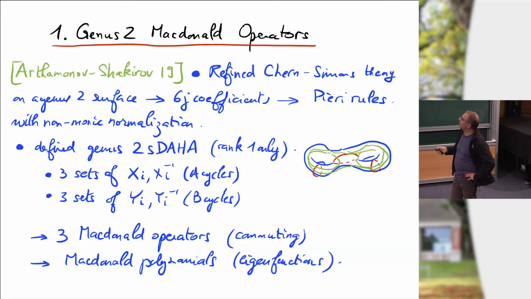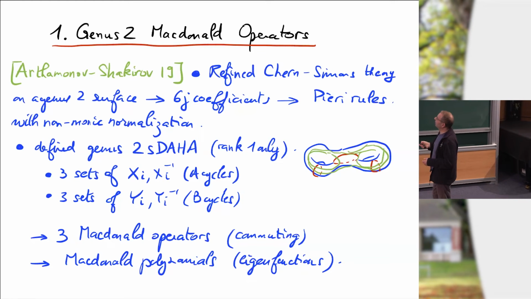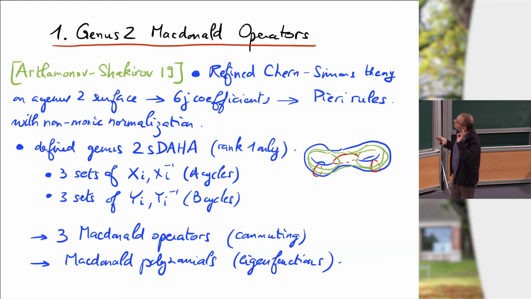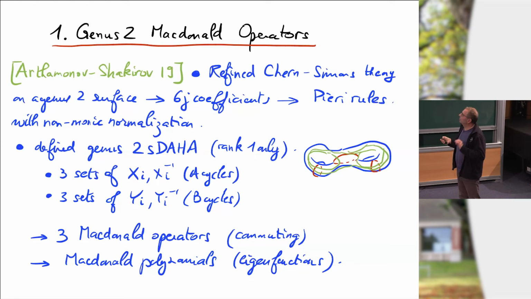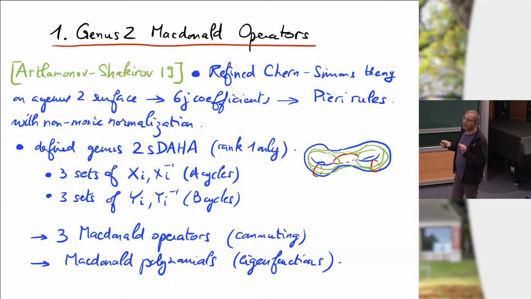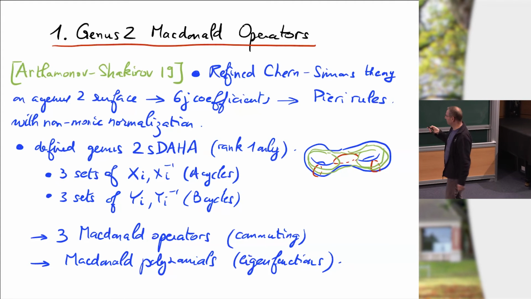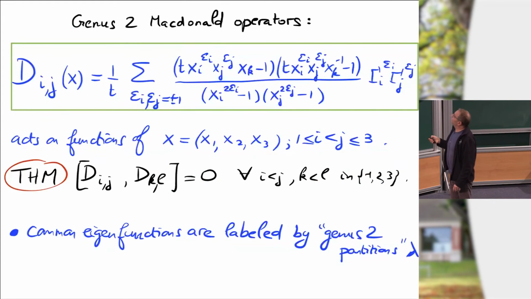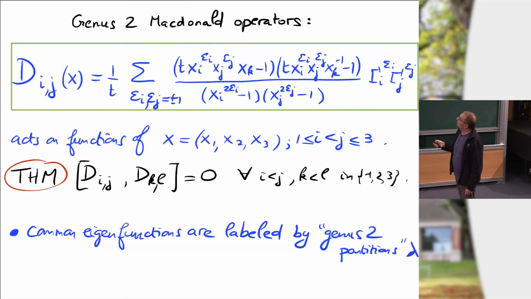So it leads naturally to 3 Macdonald operators that commute and the Macdonald polynomials finally. Now, the caveat which I have to apply here is that it's only in rank 1. There's some sort of no-go theorem which tells you that it cannot work in higher rank, at least not this story.